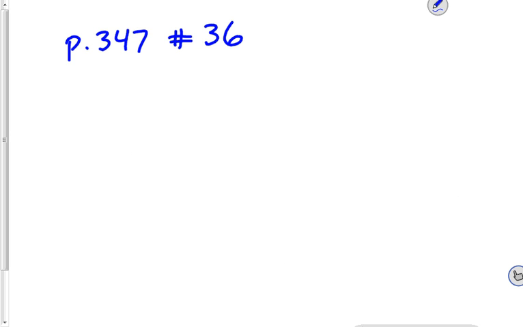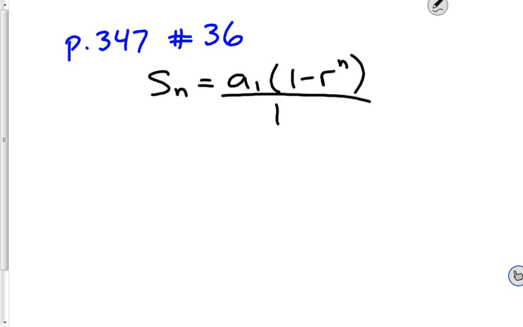All right, so number 36 says the sum of a geometric series is 31.75. Right off the bat, I know that I'm starting with the formula for a geometric series, which is all of that. They're telling me that the sum is 31.75, so I'm going to put that in for S sub n.